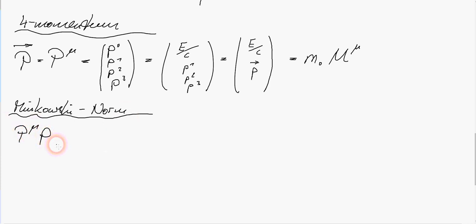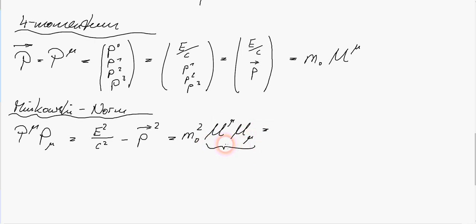So P mu times P mu equals E squared over c squared minus P squared. Okay, and this equals, as we know, if we go to the last expression after the equal sign, m0 squared times U mu times U mu, and this we already know is equal to c squared, so we have m0 squared times c squared.